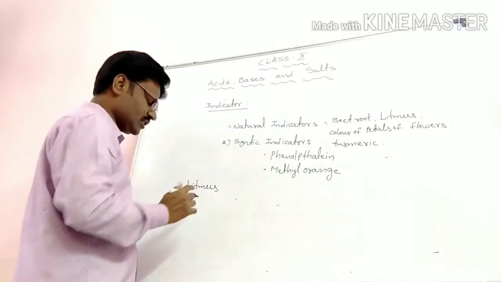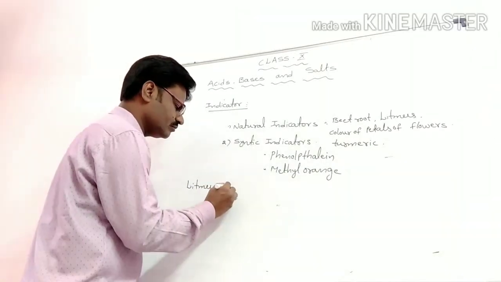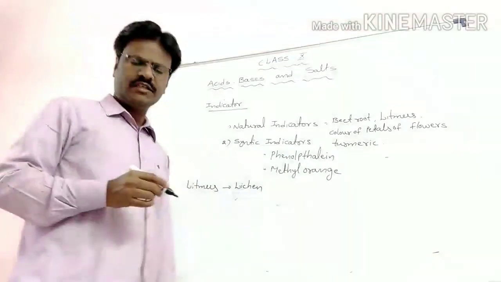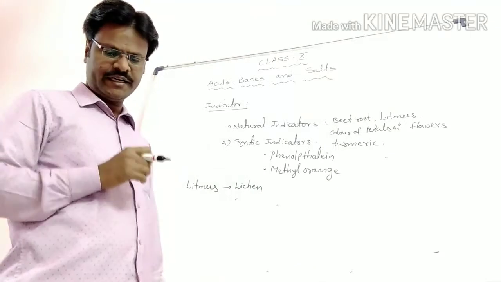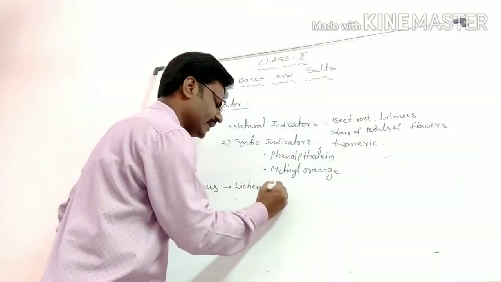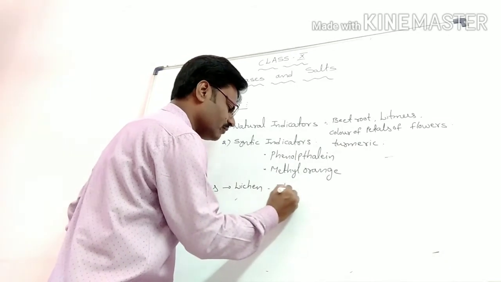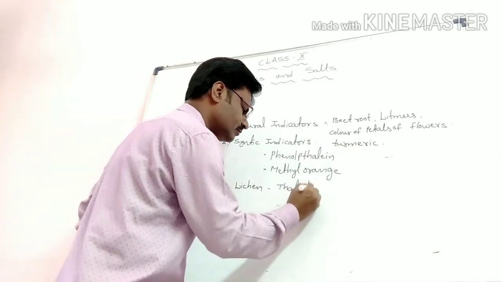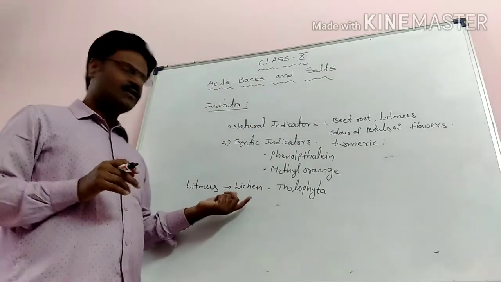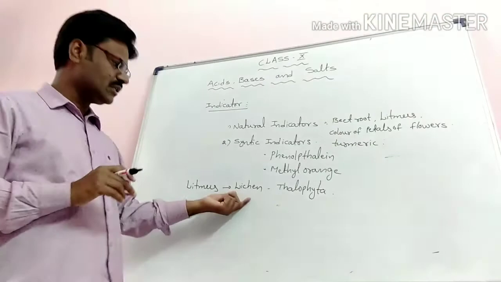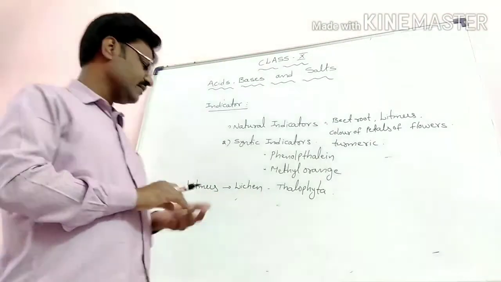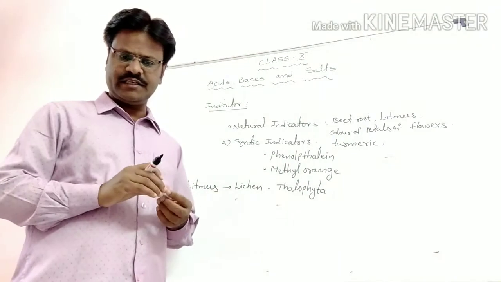This litmus solution is extracted from lichens, and it is a plant belonging to the division Thallophyta. So litmus is extracted from lichens, a plant belonging to the division Thallophyta. So litmus is a natural indicator.